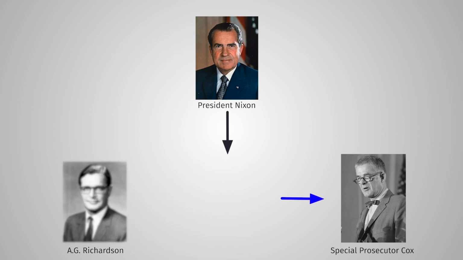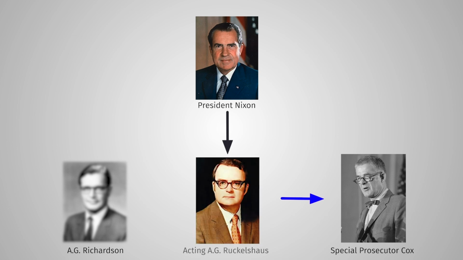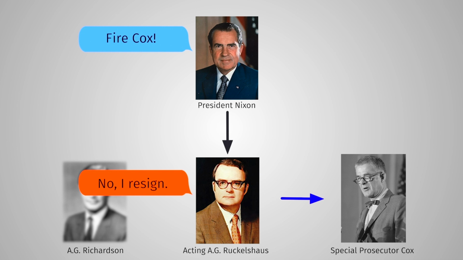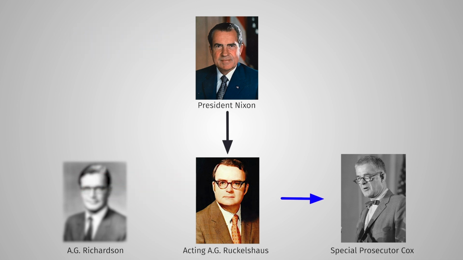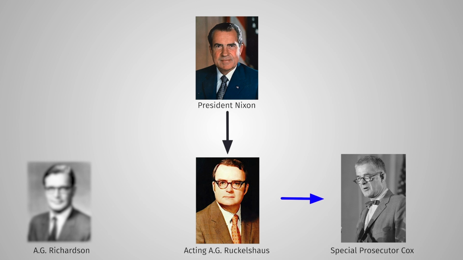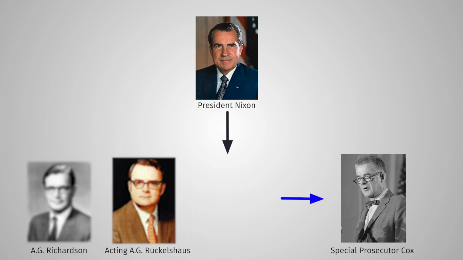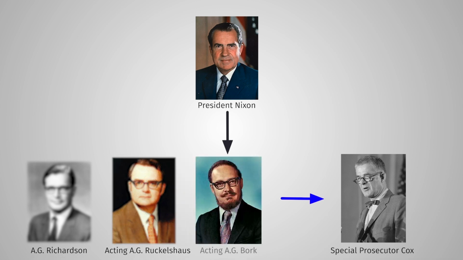After Richardson's resignation, William Ruckelshaus, the number 2 person in the Justice Department, was elevated to the post of acting Attorney General. Nixon then ordered Ruckelshaus to fire Cox. Ruckelshaus also refused to fire Cox and resigned. The process would repeat itself one more time. After Ruckelshaus's resignation, Solicitor General Robert Bork was third in line at the Justice Department.